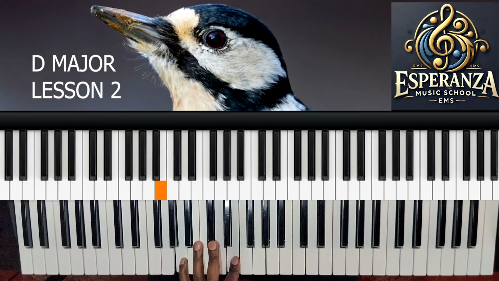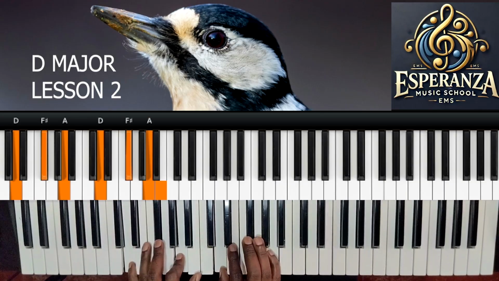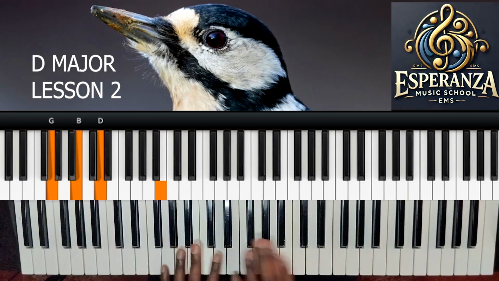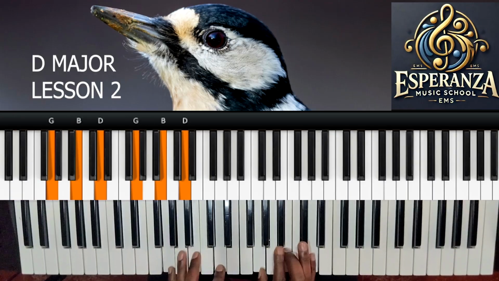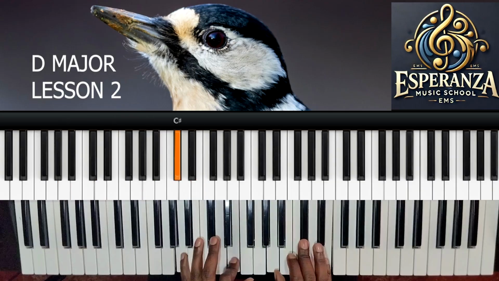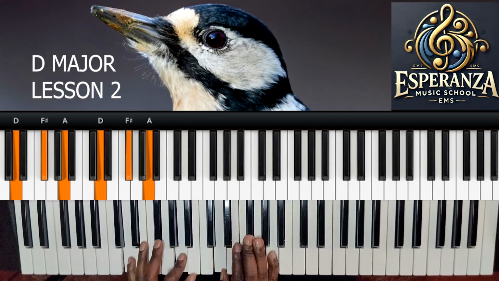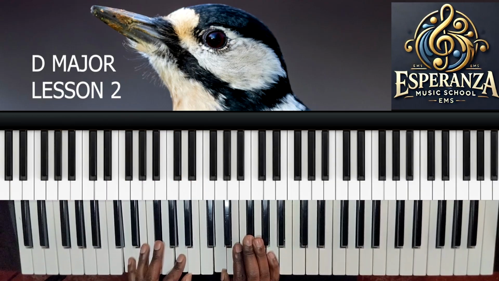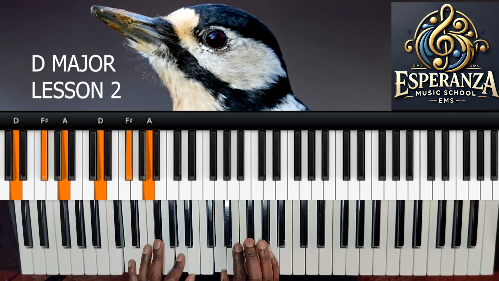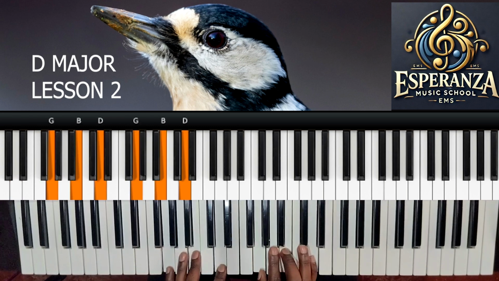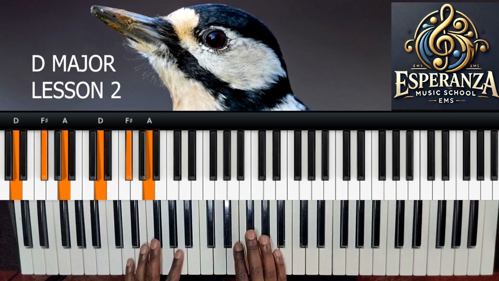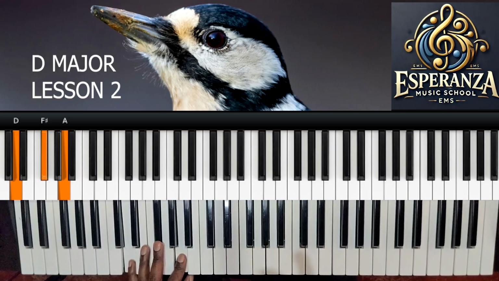Now let's do a 1, back to 1. It's a chord progression, and then I'm singing so that it may be a little bit easier.